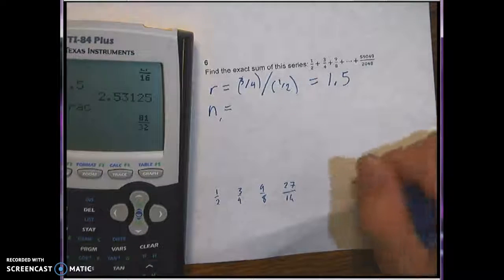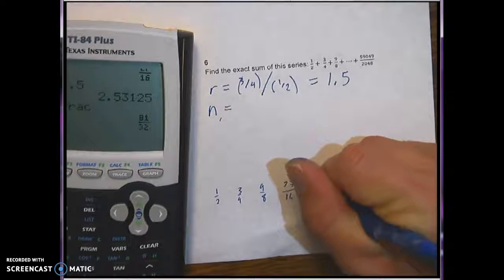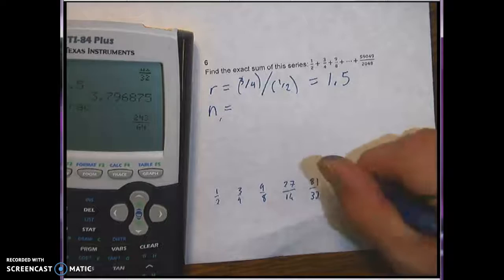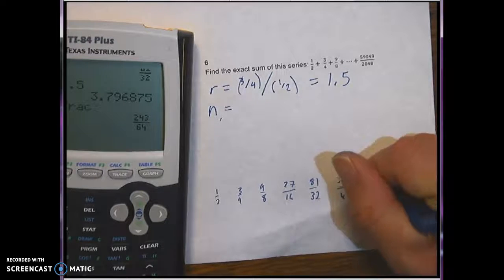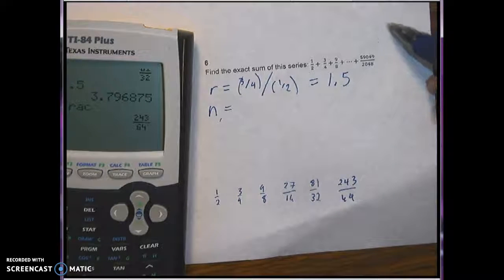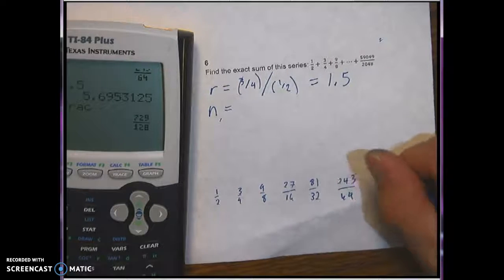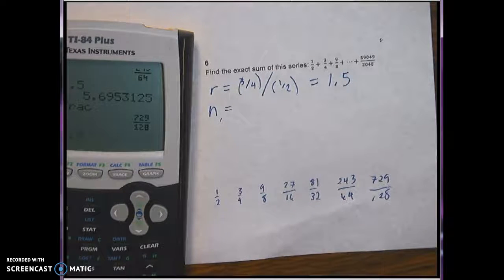I've got 81 over 32 times 1.5. Math, enter, enter. 243 over 64. You can see this is becoming unruly, but I got to get to this last one, so I got a ways to go. I'm up to 6 terms. I'm getting closer. So times 1.5, math, enter, enter. 729 out of 128 times 1.5, math, enter, enter.